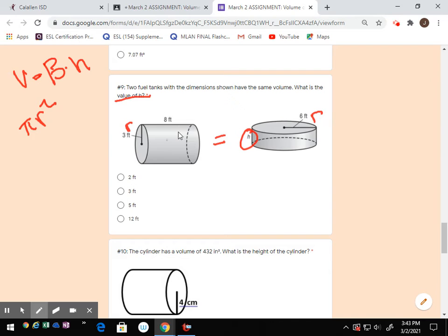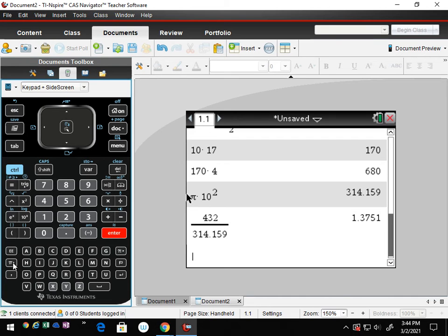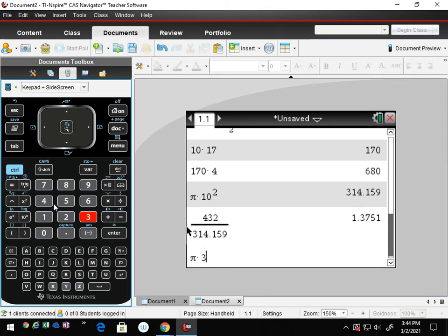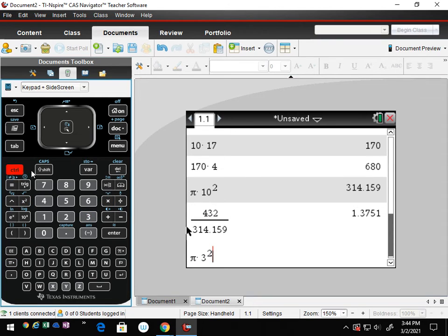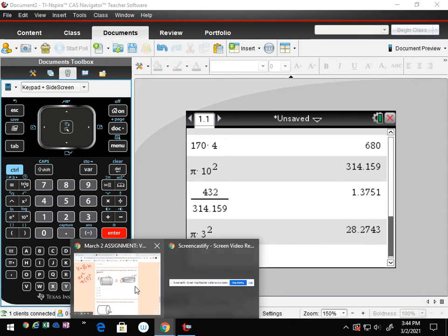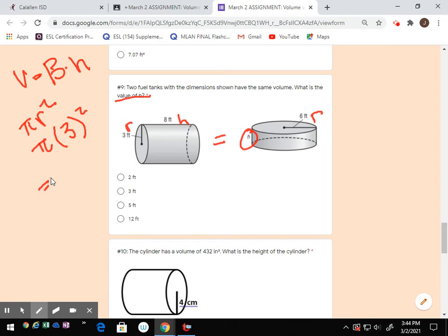And our height for this cylinder is 8. So pi times 3 squared is 28.3.